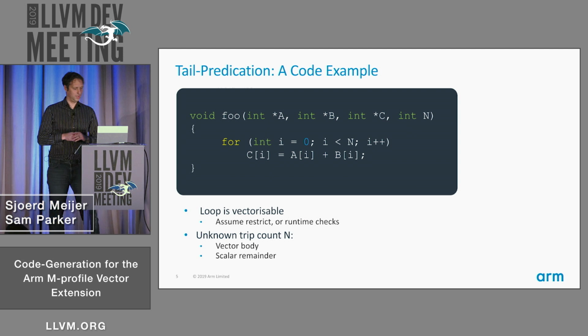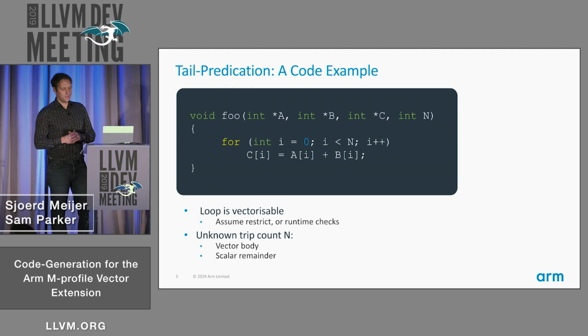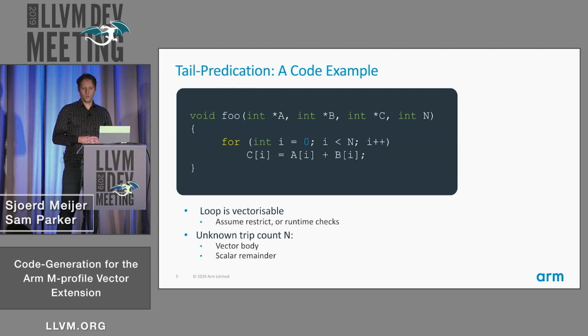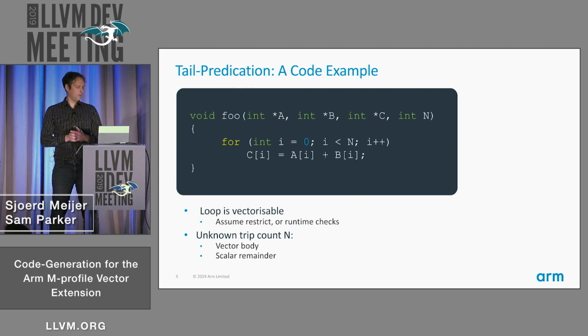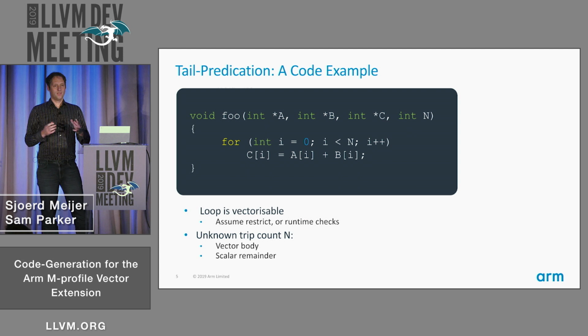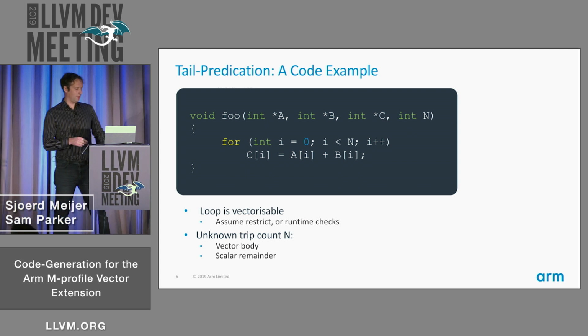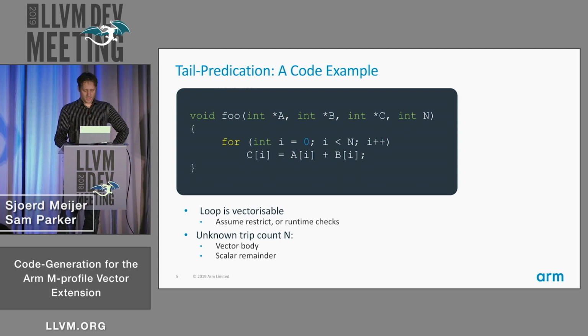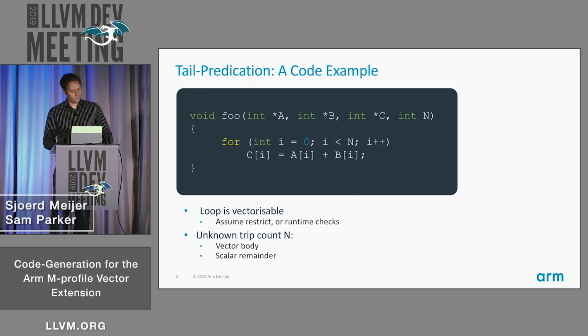This allows vectorization. Then the main observation is that n is used as a loop count, but assume that n is unknown at compile time. This has the consequences that we need a vector body and a scalar remainder, and let's explain that too.